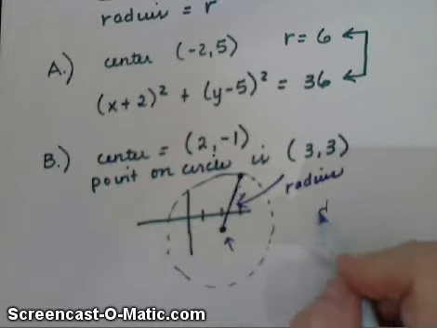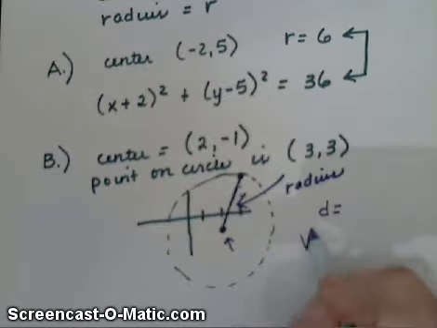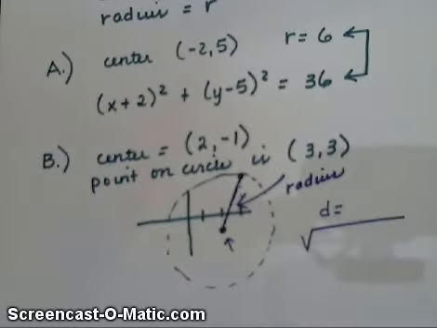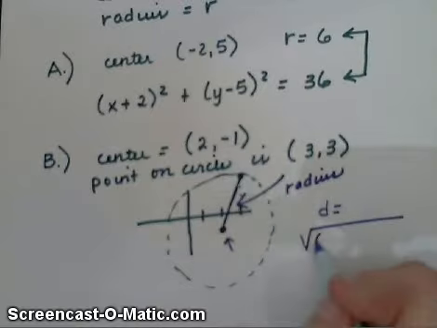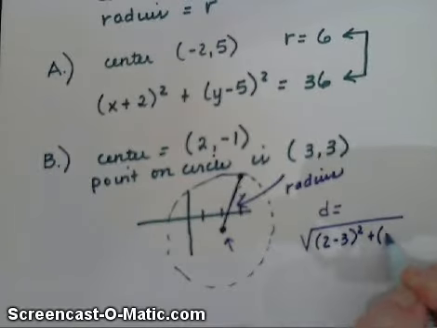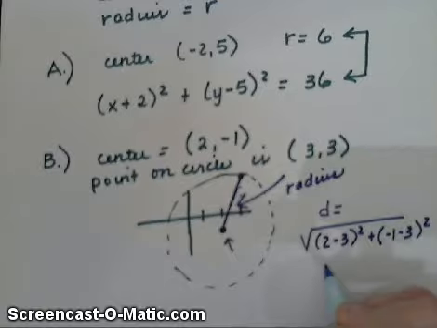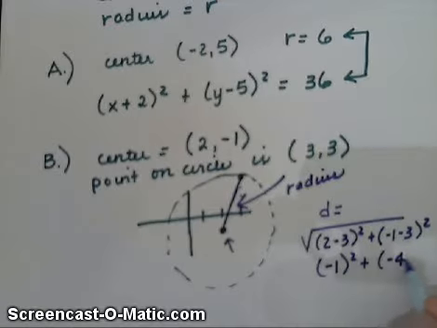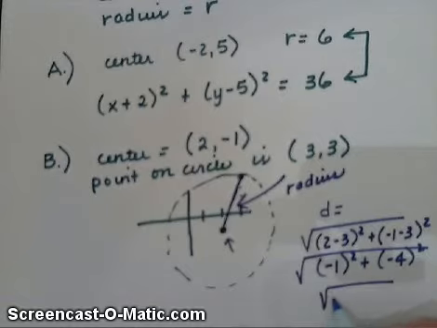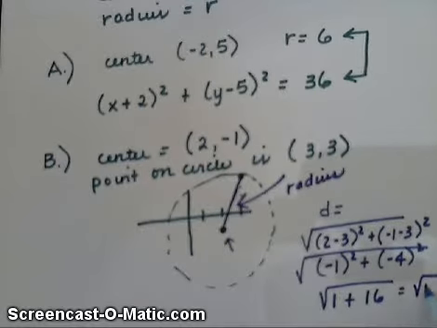So let's go over here to the side and say the distance would be, and let's do 2 minus 3 squared plus -1 minus 3 squared. That's -1 squared plus -4 squared, and that's all under a radical. 1 plus 16, radical 17.